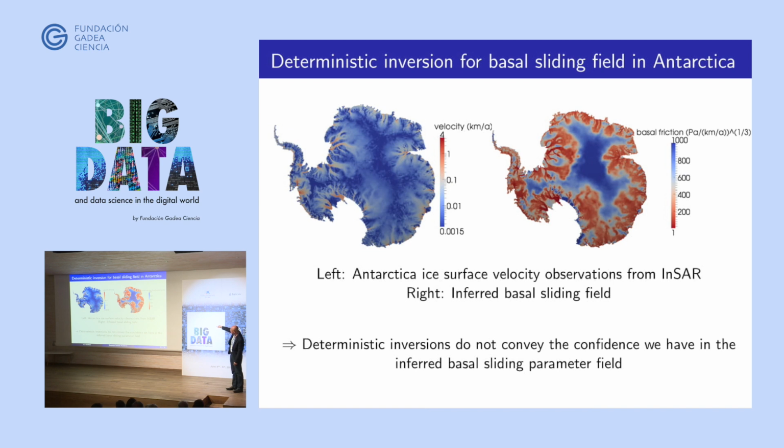So we can take these surface observations, this surface velocity, this is from InSAR, satellite radar, and we can go backwards and solve the classical, this is now the Tikhonov regularized inverse problem, and we can find this distribution of basal friction. And actually, it's quite surprising that there's very little resistance deep into the interior.